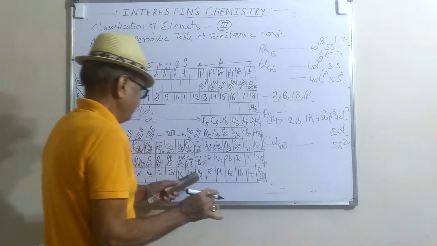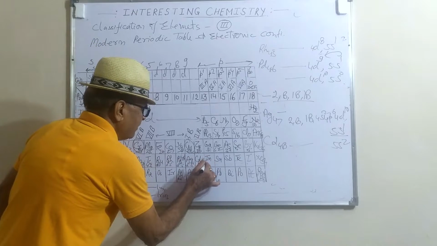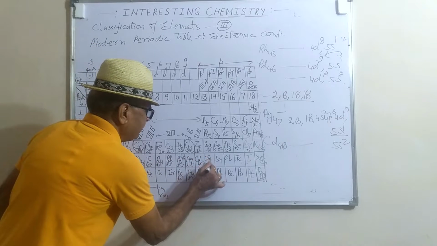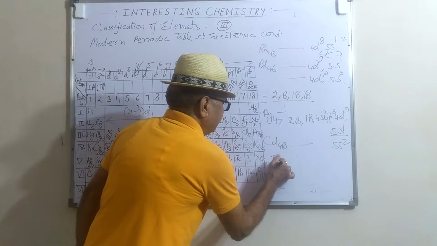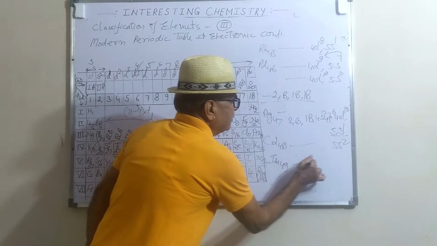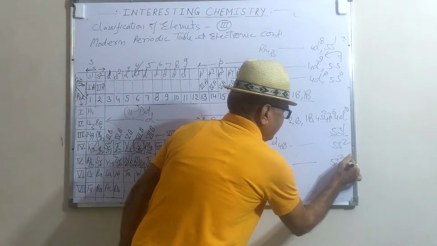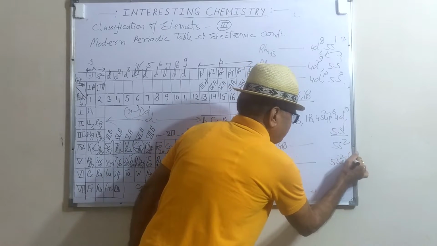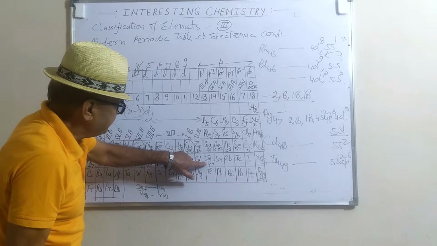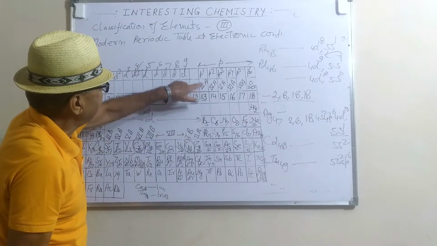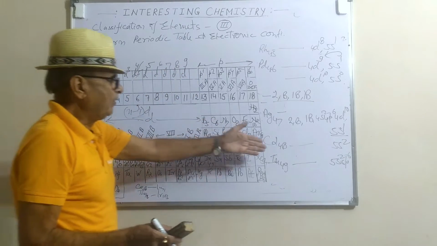From cadmium you will come to indium, 48 to 49. Indium, In, 49: 5s2, and here 5p1 will be open, because you came to 49.